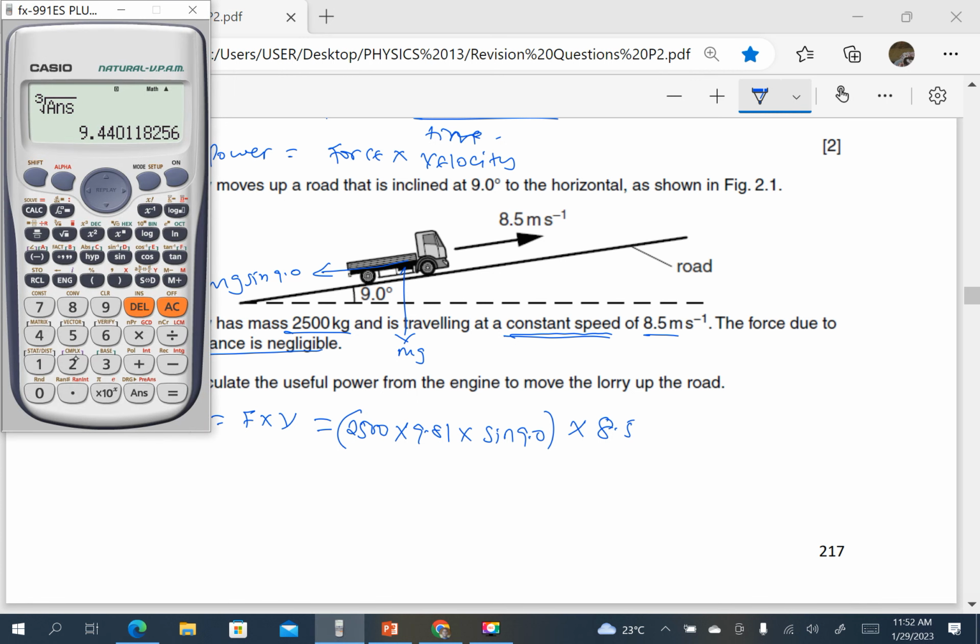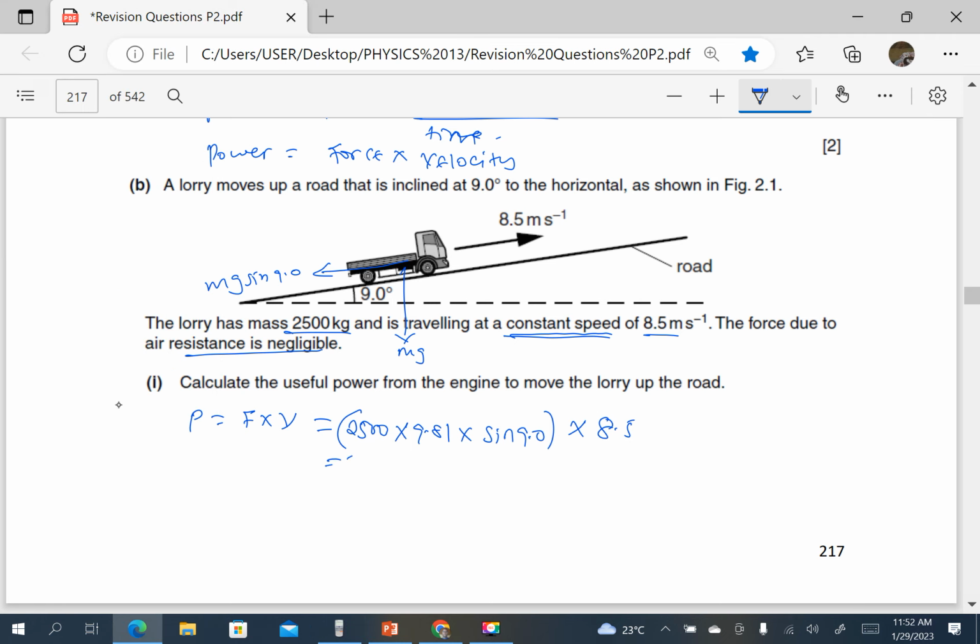So let's check. 2500 times 9.81 times sine of 9, then times 8.5. That is 32,610 watts.